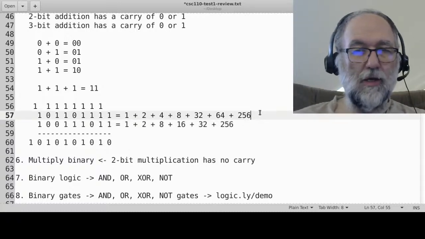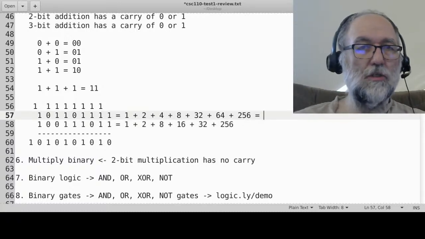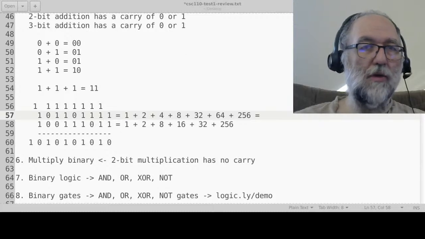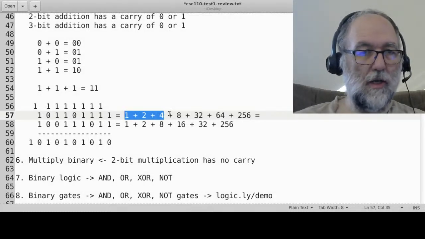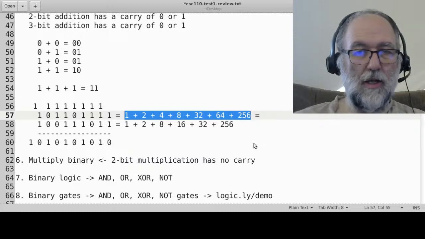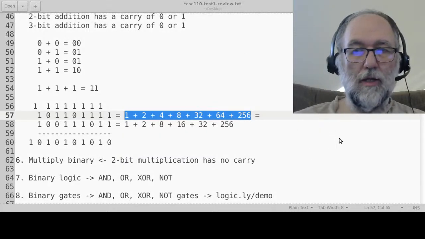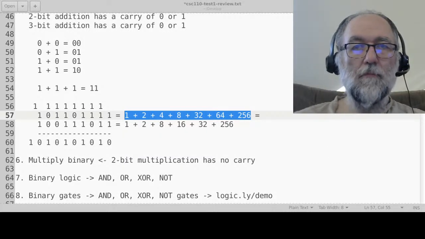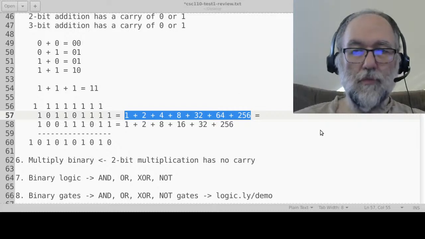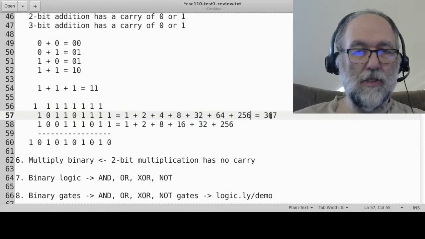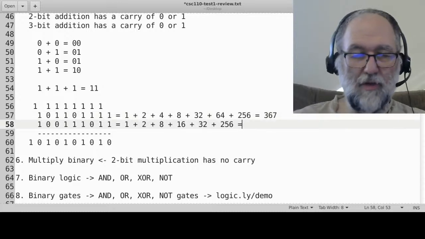Okay, now let me use my calculator to just see what those numbers work out to. Let me see, can you see those numbers? Yeah, you can. Okay. All right, the top one is 367.